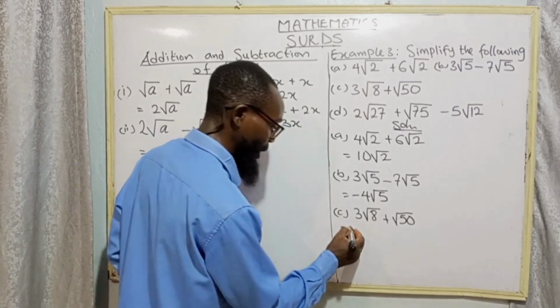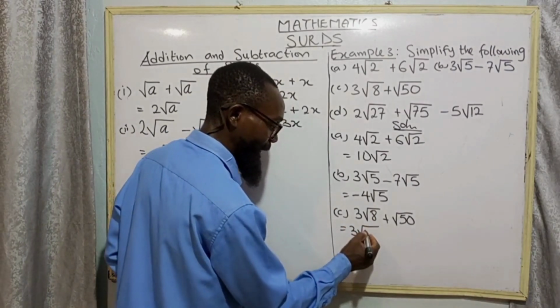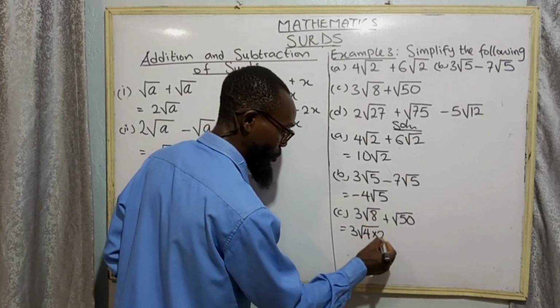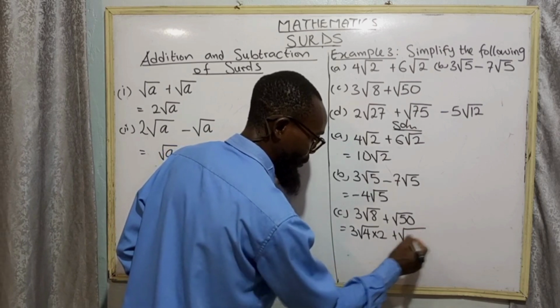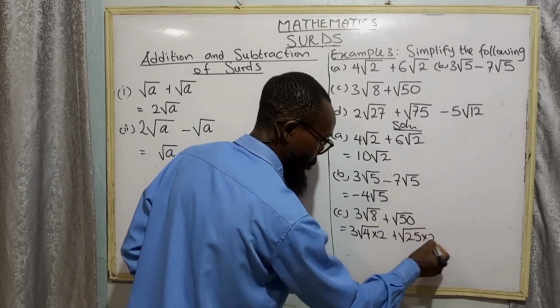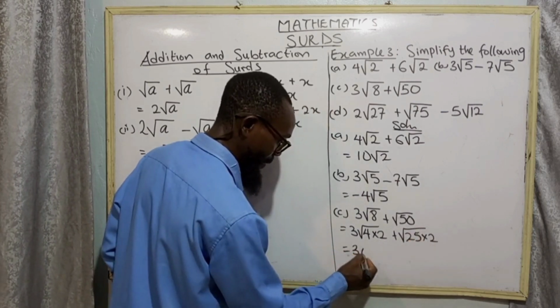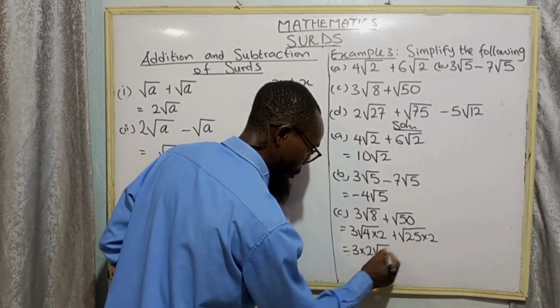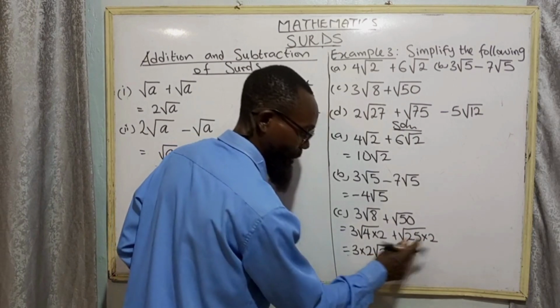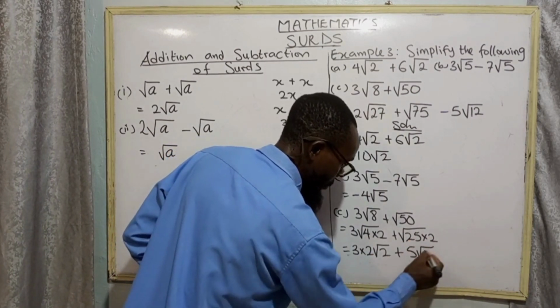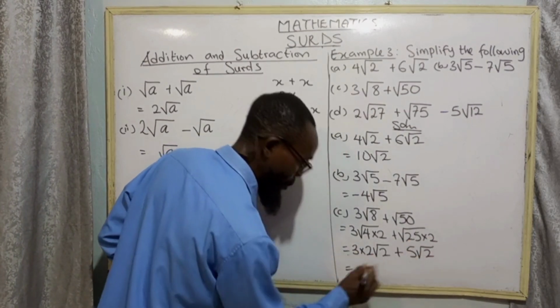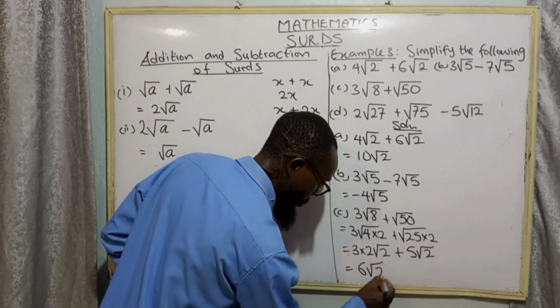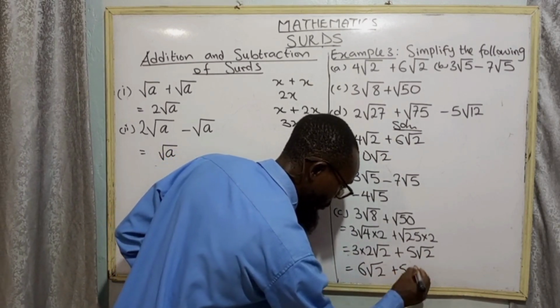So we're going to have 3 square root of 8 can be written as 4 times 2, plus square root of 50, 25 times 2. So we have 3 multiplied by, what is square root of 4? We have 2 root 2 plus, square root of 25, 5 root 2. That is 3 times 2, we have 6 root 2 plus 5 root 2.